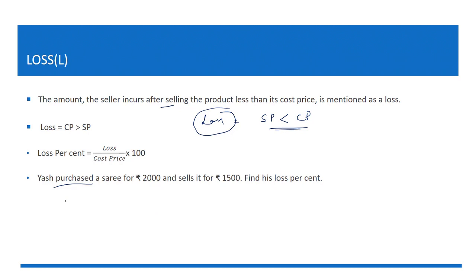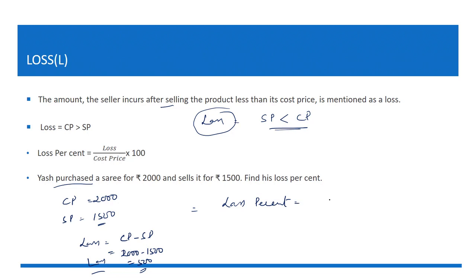Cost price is 2,000, selling price is 1,500. So loss is equal to cost price minus selling price, which is 2,000 minus 1,500, which is 500 rupees. Loss is 500. Now we need to find the loss percent. Loss percent is equal to loss.